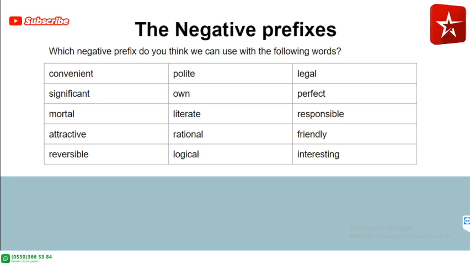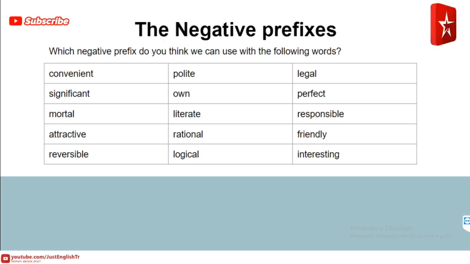Very good. Inconvenient, immortal, unattractive, irreversible, impolite, illegal.